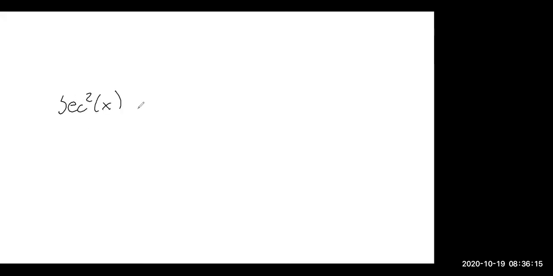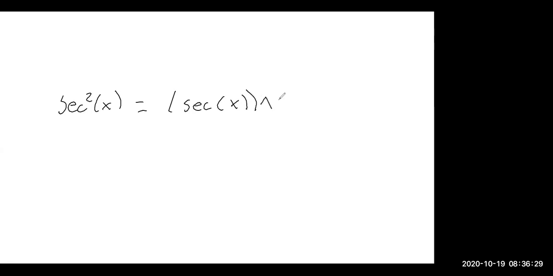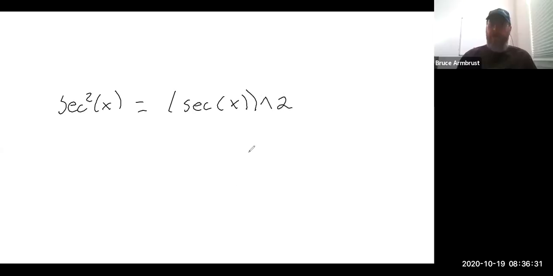So let's say you wanted to type in secant squared of x. The way that you would type this into the computer is you'd have a parenthesis, secant, parenthesis, x, close parenthesis, caret for your power, 2.